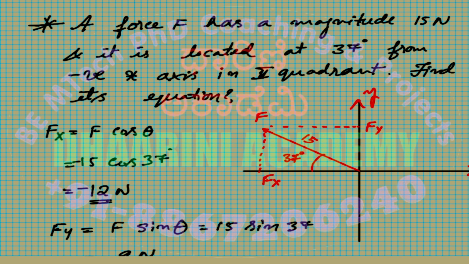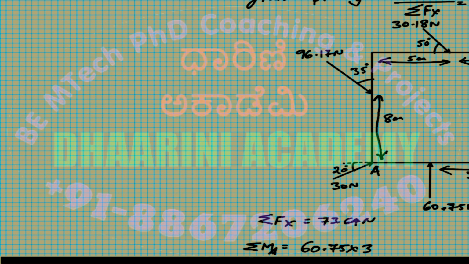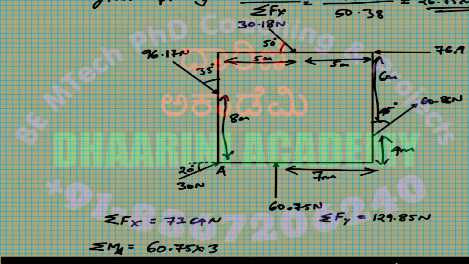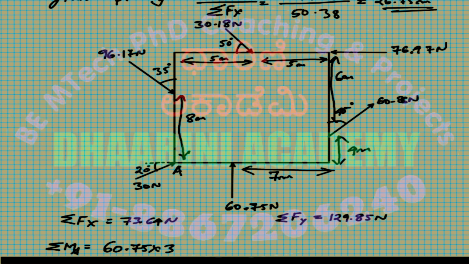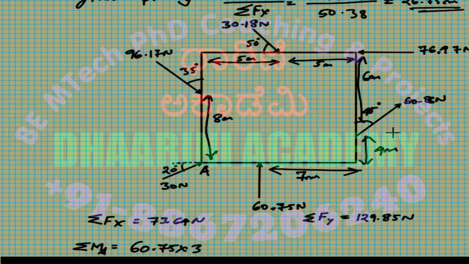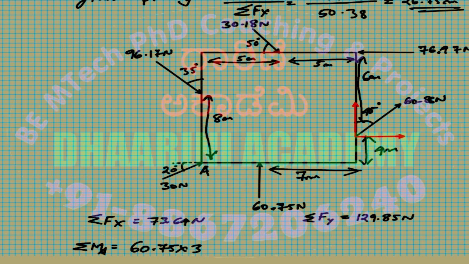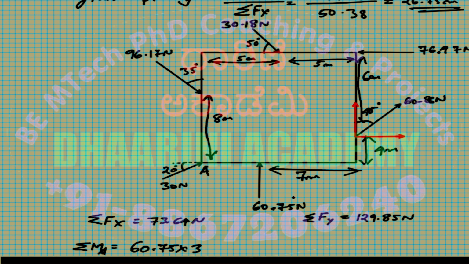Let me write the vertical component, which is somewhere here, and its horizontal component, somewhere here. Both are not passing through the given reference point A, so I have to use both of them for the calculation of the moment.